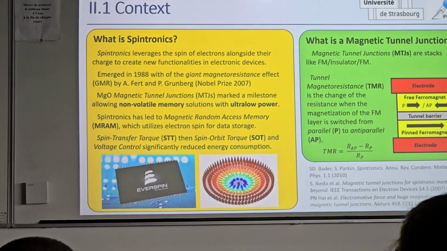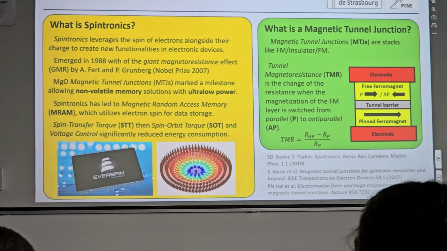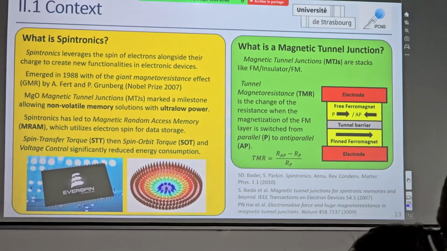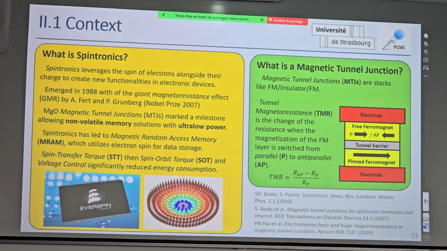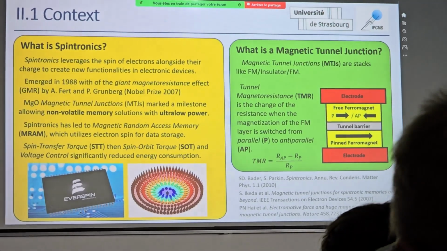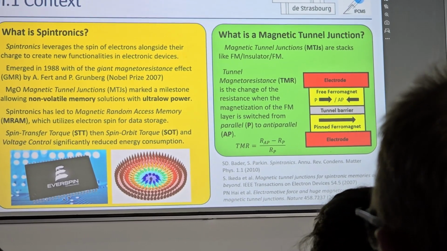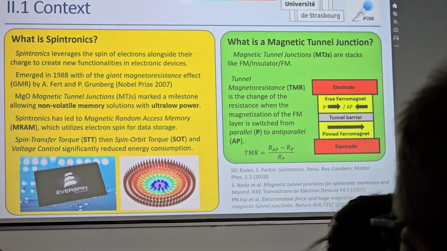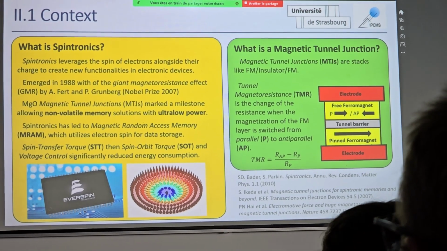The discovery of spin has led to the field of spintronics, which leverages the spin of the electrons alongside their charge to create new functionalities in electronic devices. This field emerged in 1988 with the discovery of the giant magnetoresistance effect by Albert Fert and Peter Grunberg, who were awarded the Nobel Prize in 2007.